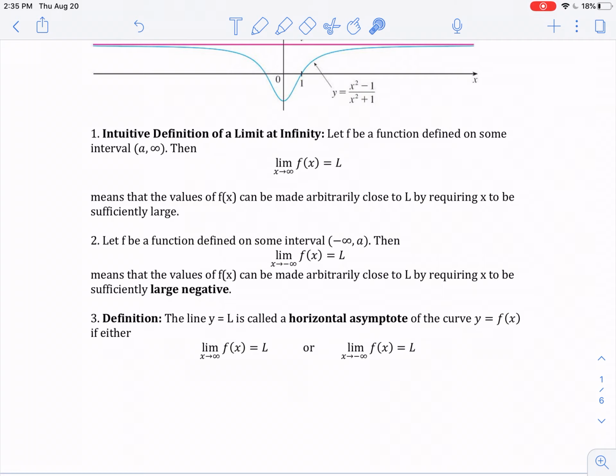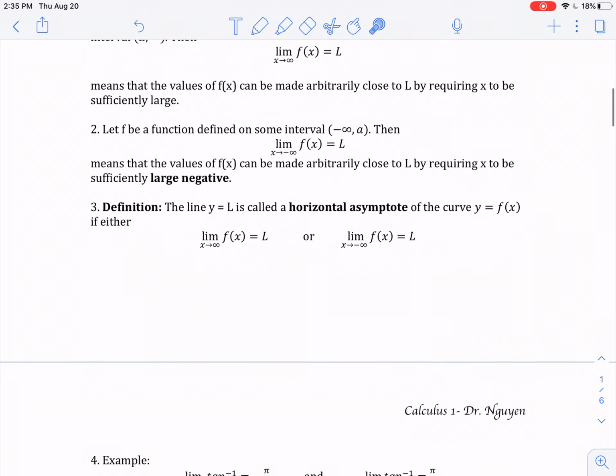The line y = L is called a horizontal asymptote of the curve y = f of x if either the limit as x approaches infinity of f of x equals L, or the limit of f of x as x approaches negative infinity equals some number L.